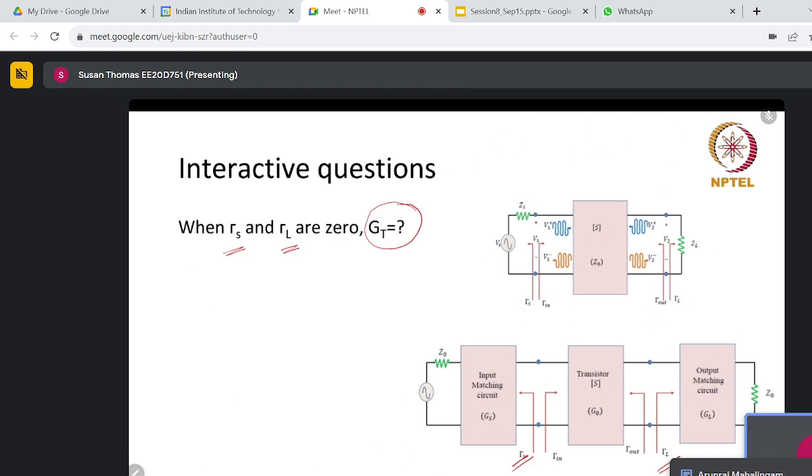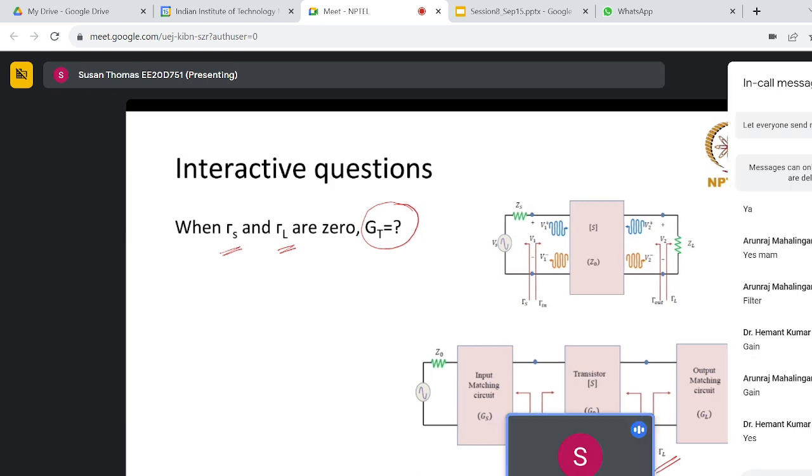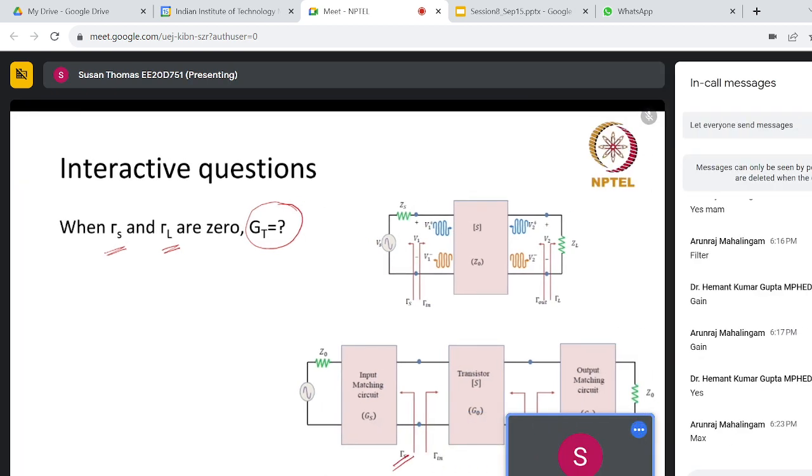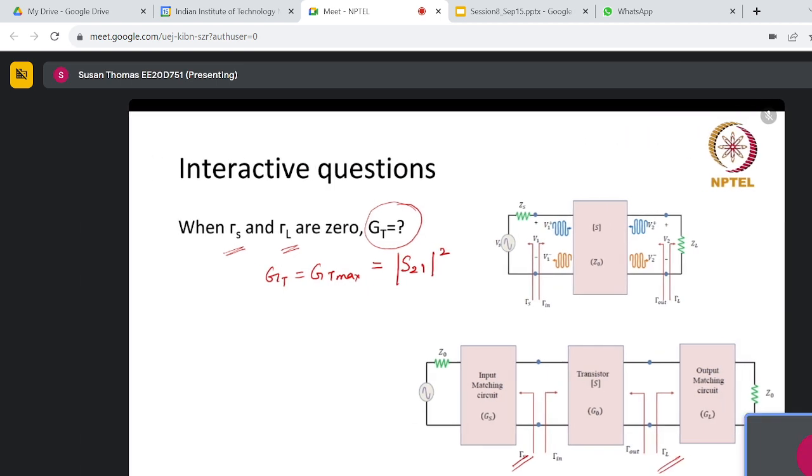Yes, as you all said, GT will be GT max. But what is the value of that? It is modulus of S21 squared. I hope you have come across this in the video lectures.